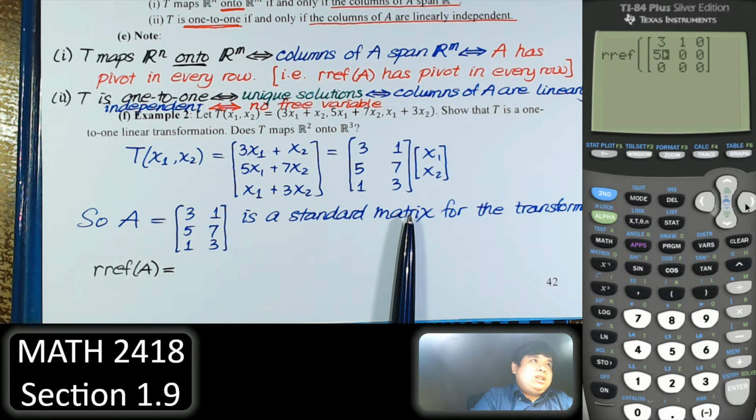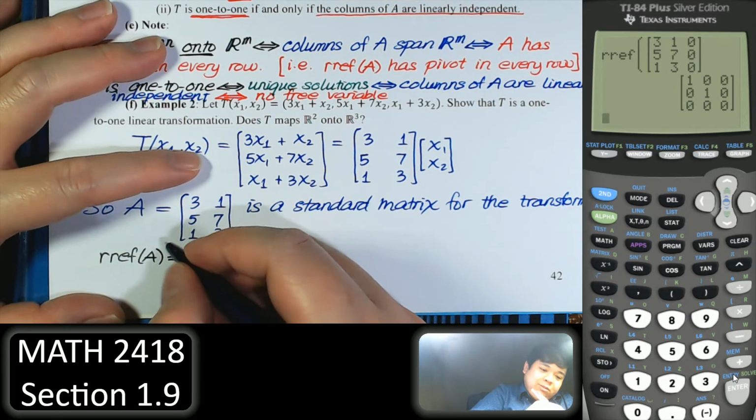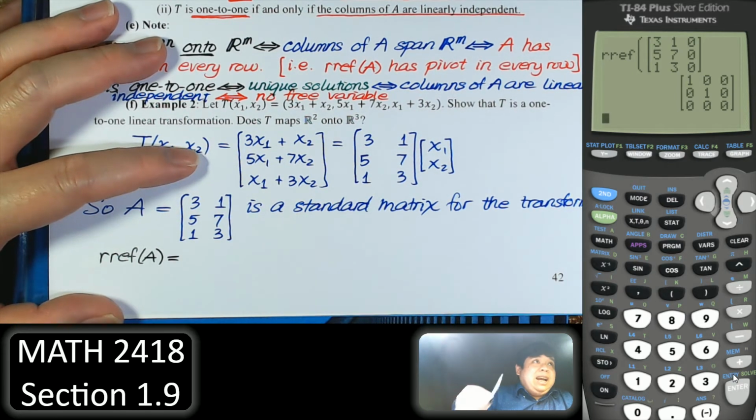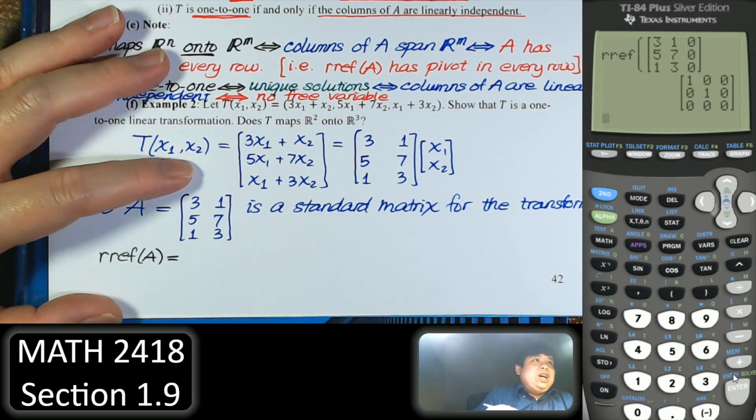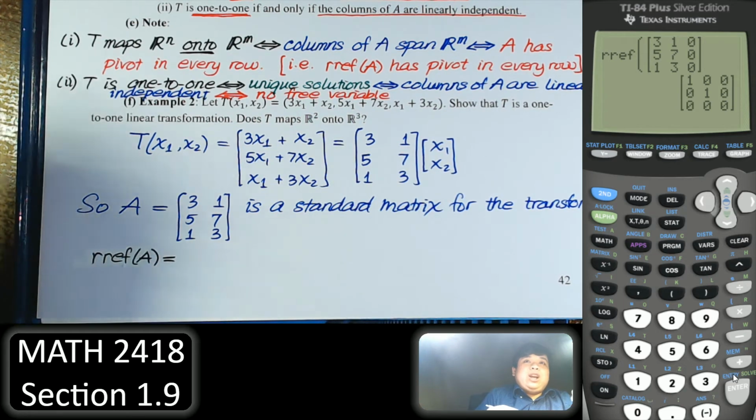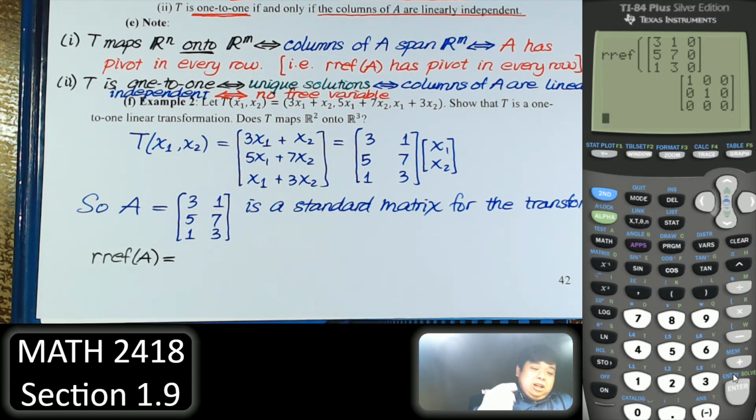Don't worry, it will fix it nicely, and it will just ignore the last column. So when the calculator cannot do the reduced row echelon form, just artificially add a column to it, and it will take out the last column.